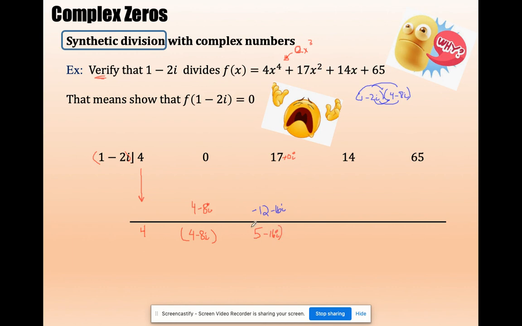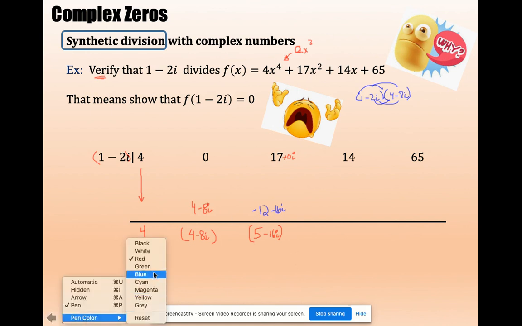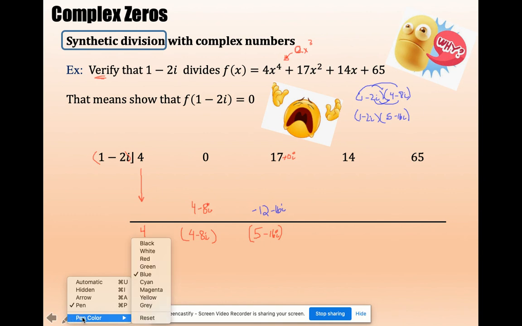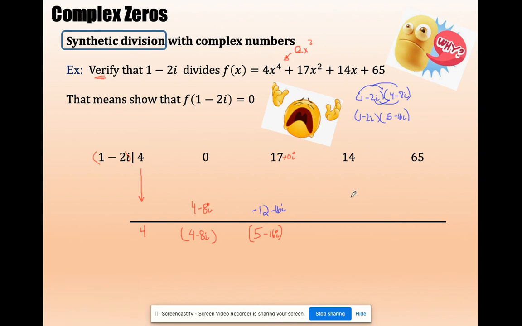Now what do you have to do? You have to multiply that times 1 minus 2i. So now I'm going to take 1 minus 2i and I'm going to multiply it by 5 minus 16i. You can do that because you took Algebra 1 and Algebra 2.